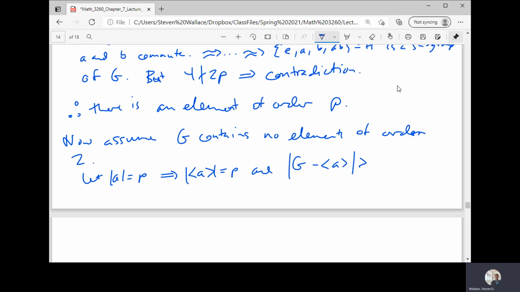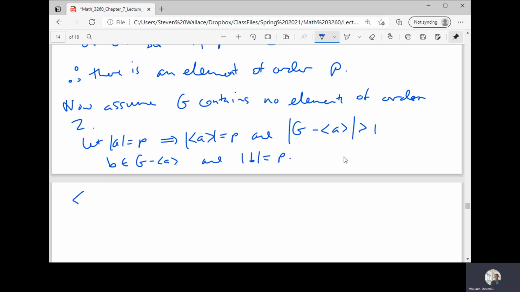This is bigger than 1, right? So in fact, it equals P, right? So B is in G, take away that subgroup, and the order of B is P, okay?